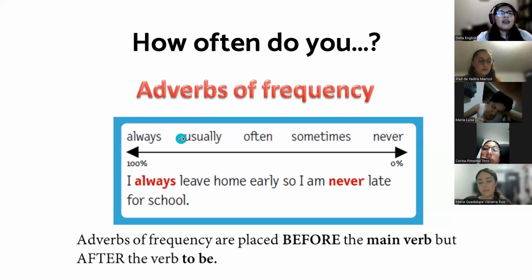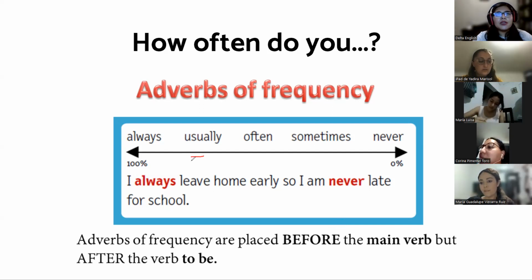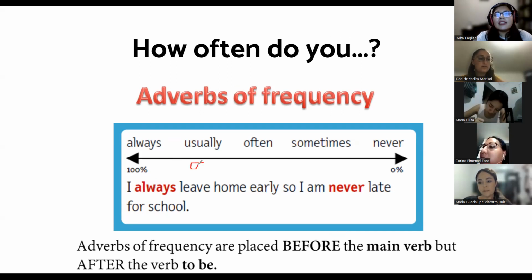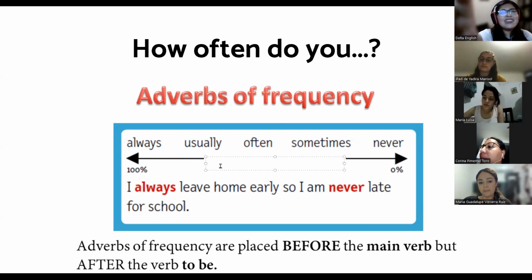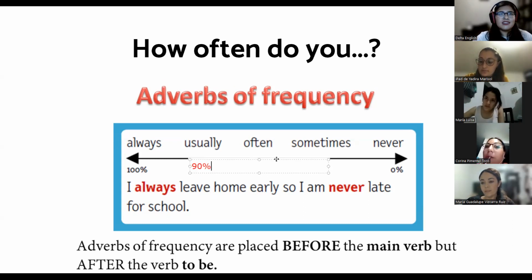So I also have the next best thing. Let's say that I'm doing something not 100% of the time. Maybe I'm doing it, oh boy, what an ugly number. Hang on. Maybe I'm doing it 90% of the time. So I would say usually.